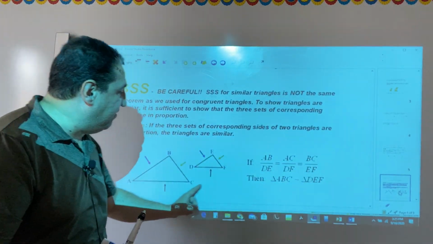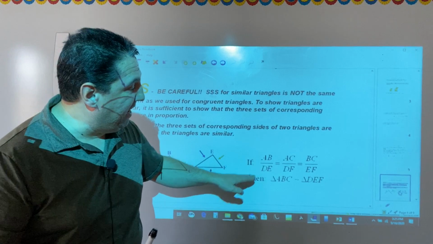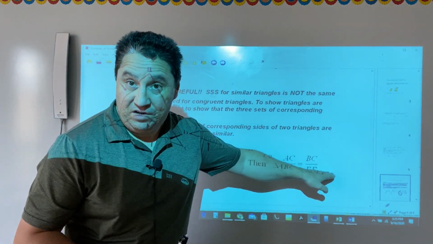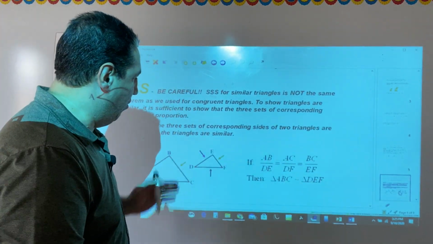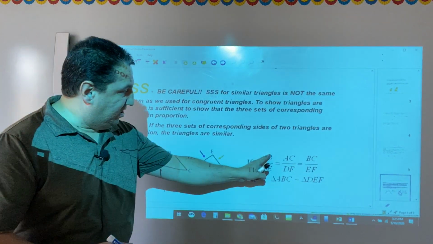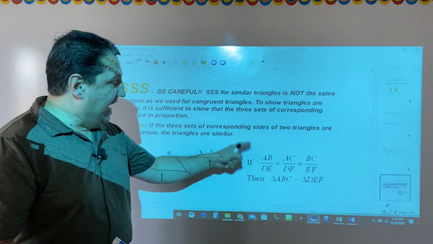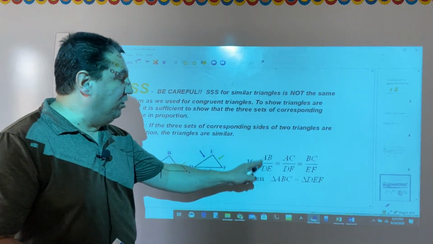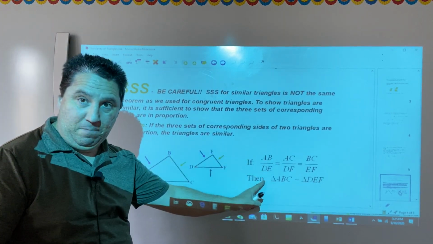And the sides of the second triangle must be in the bottom of the ratios. So, as we can see there, AB is right here. DE, which is the corresponding side for AB, is in the bottom.